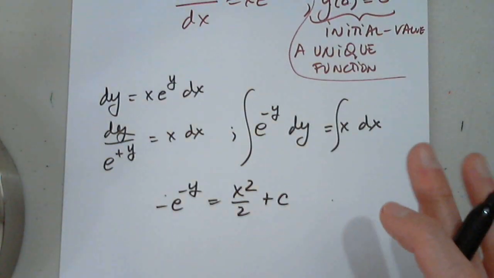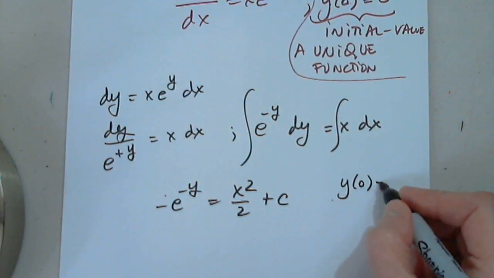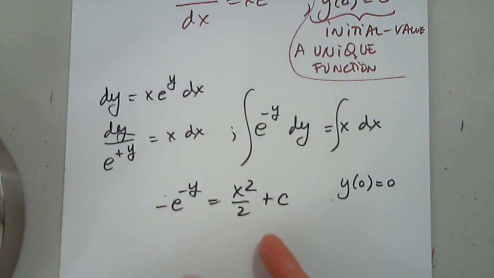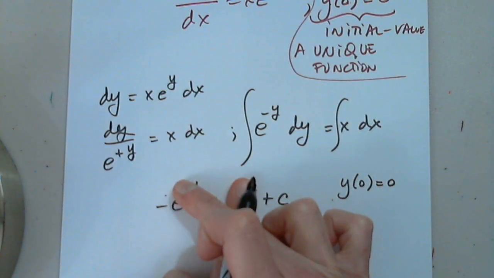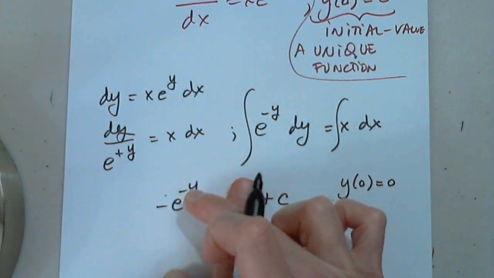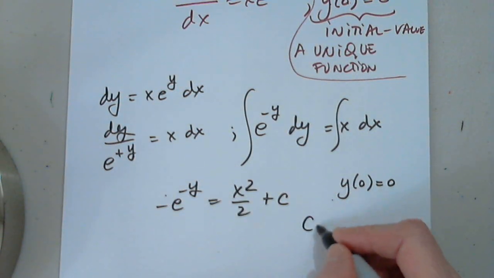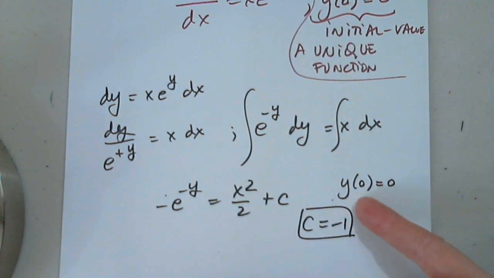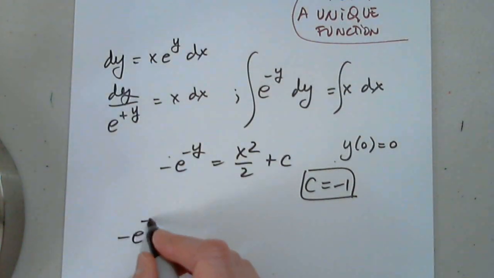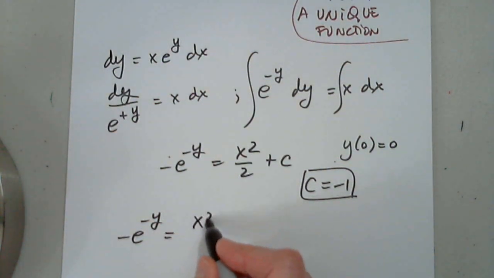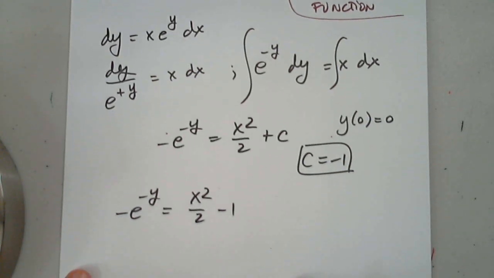At this point, we stop and we introduce that initial value. So when x is 0, y is also 0. So this is going to be negative 1. So then c equals negative 1 from the given condition. So therefore, we have negative e to negative y equals x squared over 2 minus 1.